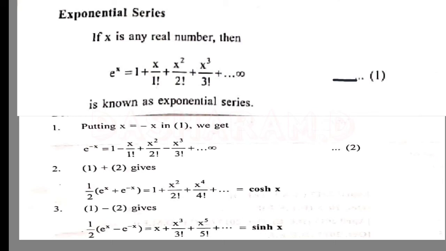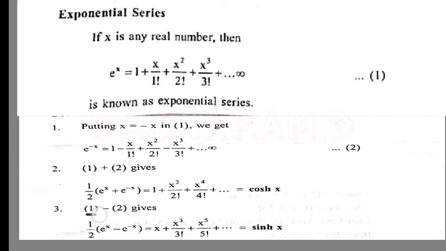Take the original exponential series as equation 1 and this as equation 2. If you add both equations, finally 1 by 2 of e to the power of x plus e to the power of minus x equals cos hx.